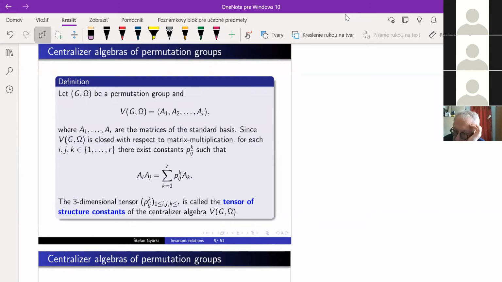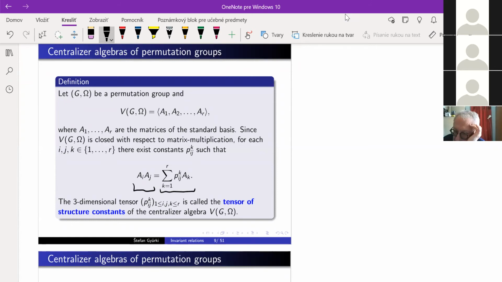Now we know that the product of two matrices from the algebra belongs to that algebra. So if I take, for example, the product of two basis matrices A_i and A_j, then I can write this product as a linear combination of the matrices from the basis.